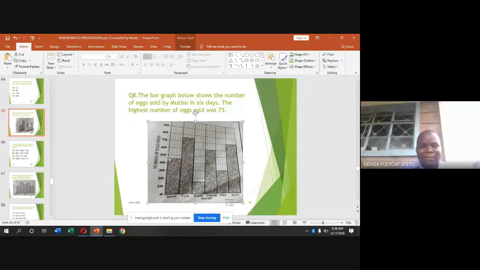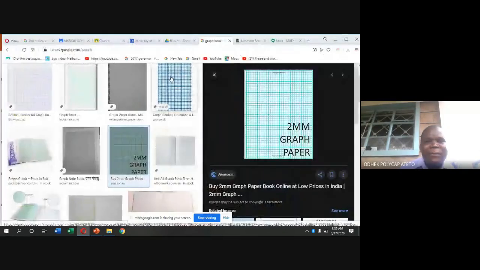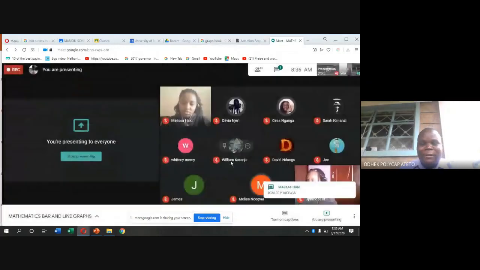We're seeing vertical scale where we have the eggs. Who can write? Nobody can write.